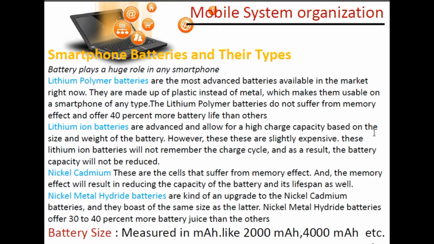These are important advanced batteries available in the market right now. They are made of plastic instead of metal, which makes them usable in smartphones of any kind. The lithium polymer battery does not suffer from memory effect and provides about 40% more battery life than other batteries.